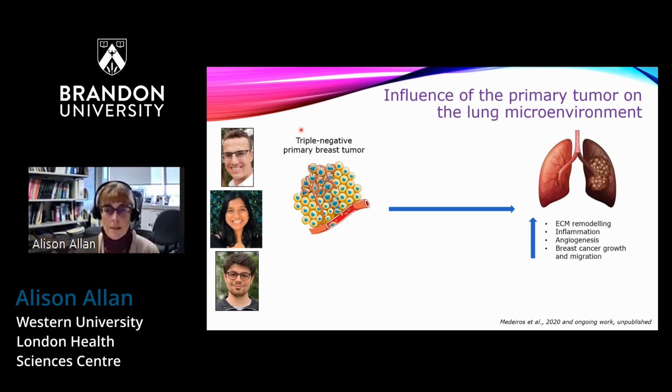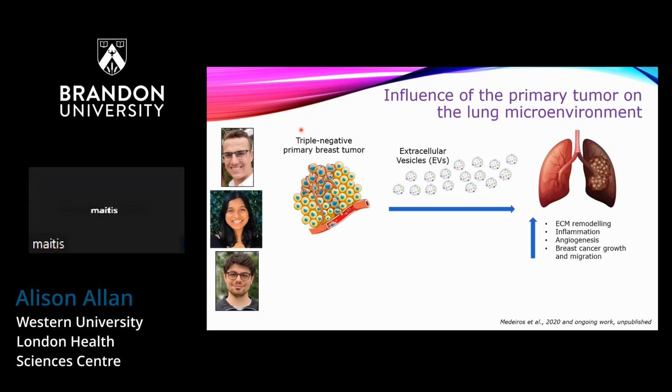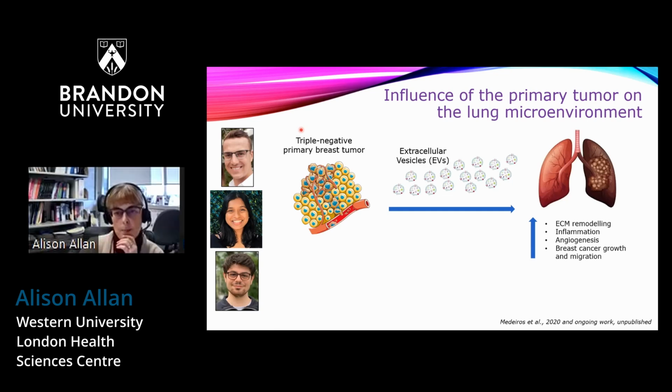So there were some of the same factors, including all the CD44 ligands that we're investigating, but there were some other really interesting things. And so the question is how is the signaling getting from the primary tumor to the lung? What Braden observed, and what's supported by other studies in other tumor types in the lung, is that we believe this message is actually being delivered through extracellular vesicles, which are tiny vesicles that bud off from the cell membrane.